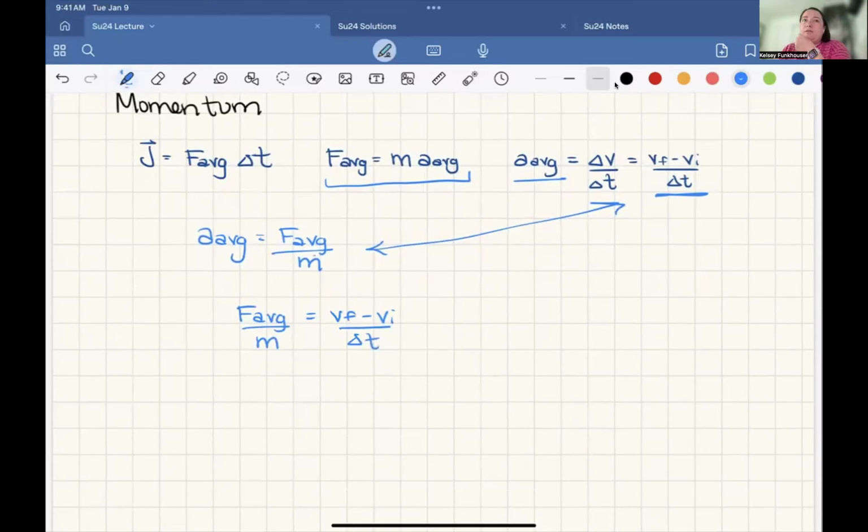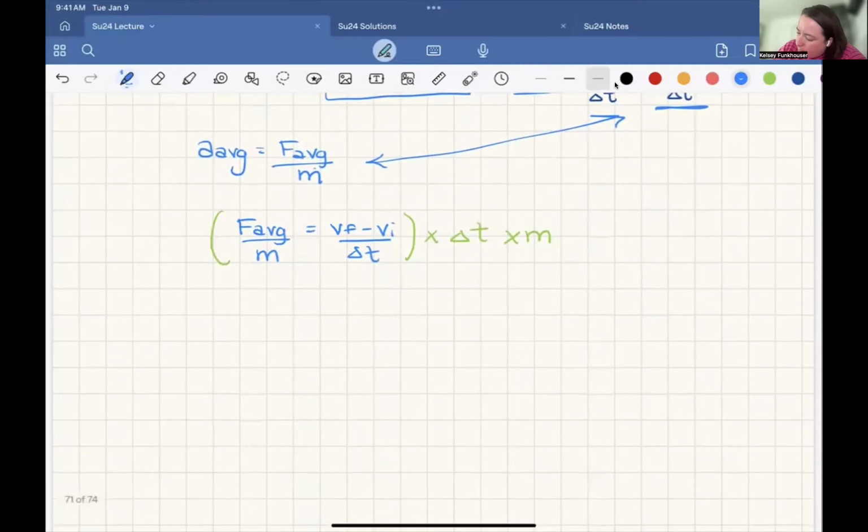Now if we do a little rearranging, I will walk you through each step. First we're going to multiply both sides by the time interval, and in this step we will also multiply both sides by the mass. We now end up with the average force times the time interval equal to the mass times the final velocity minus the initial velocity.